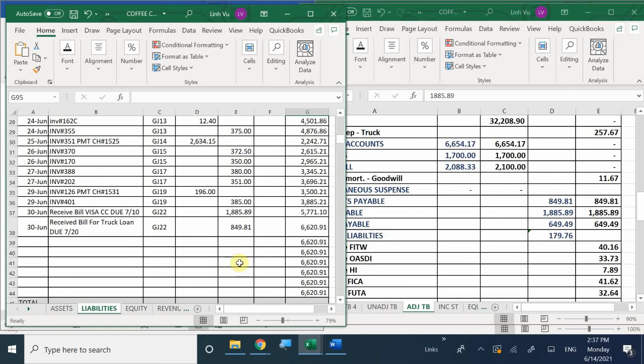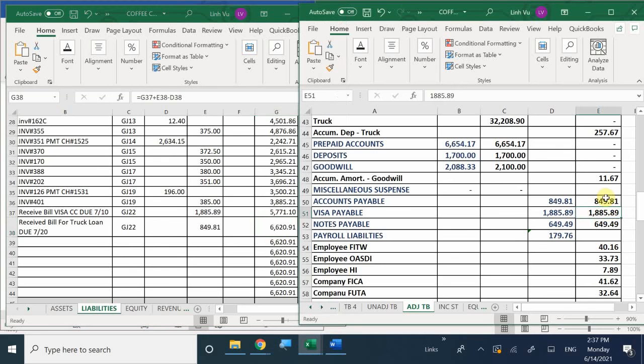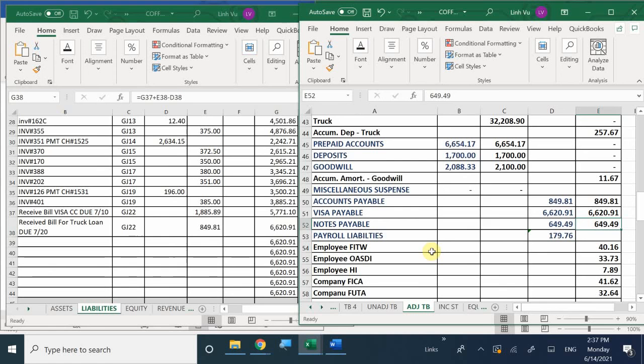That shouldn't be right. That's not right. It's this one over here. 662091. Okay. 662091, right? That's my account balance.